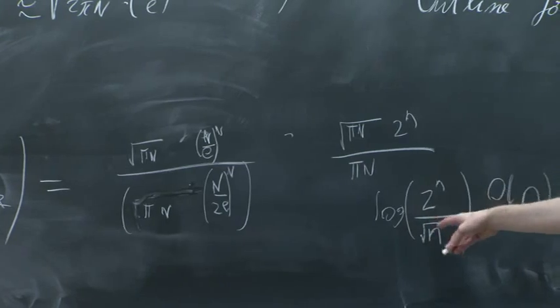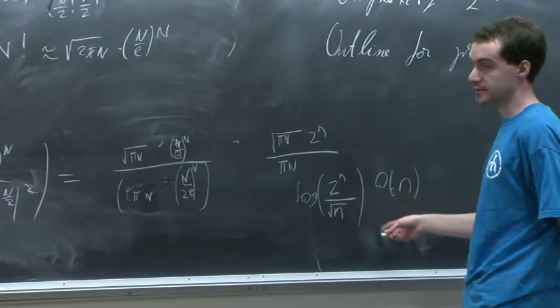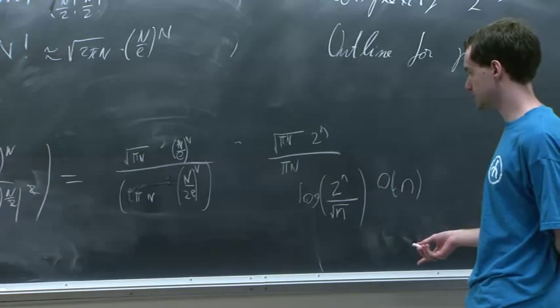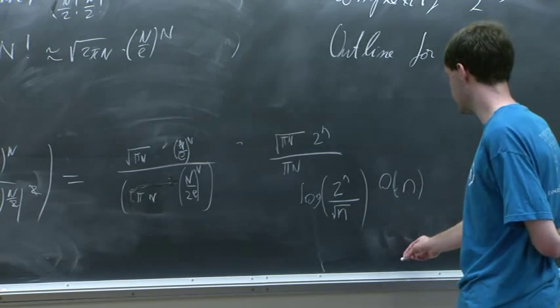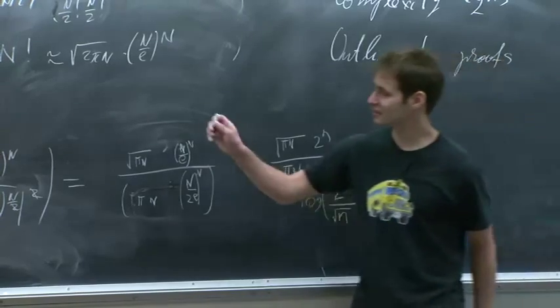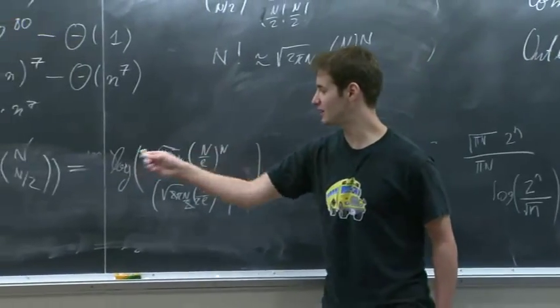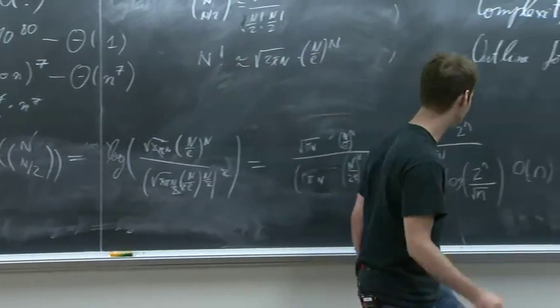Since it's a log, you can turn it into log of 2 to the n minus log of square root of n. Log of 2 to the n is a much greater complexity than square root of n. Sweet, thank you. So see, a complicated formula, even more complicated formula, came out to be one of the numbers that I promised it would come out to.